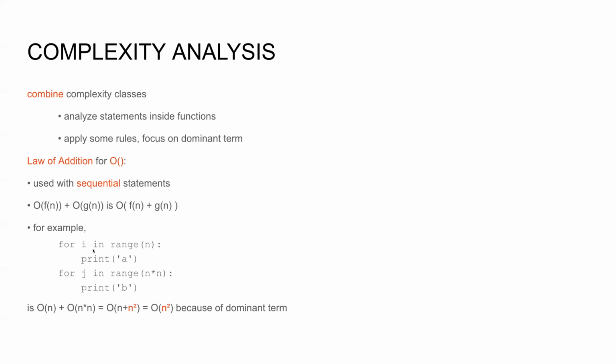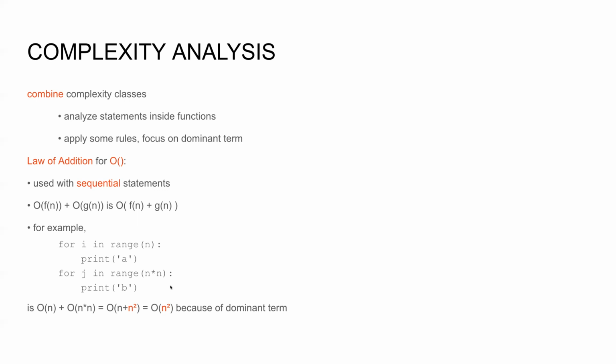For example, you have two for loops in sequence: you do one for loop, and after that the second for loop. The order of growth is O of n for the first one, and O of n squared, n times n, for the second one. Overall, it's O of n squared plus n, and it's O of n squared because the dominant term is n squared.